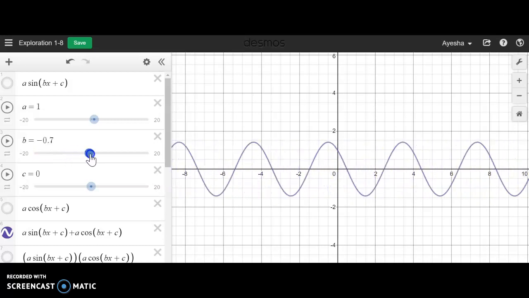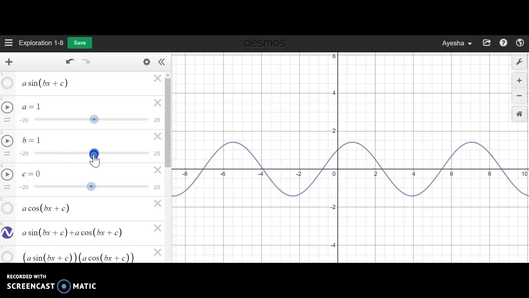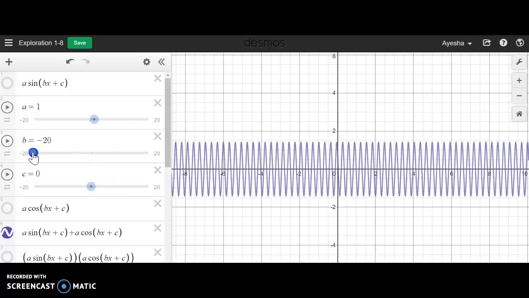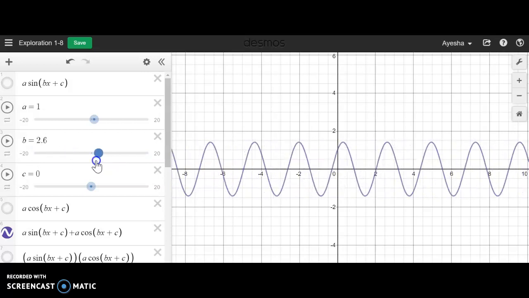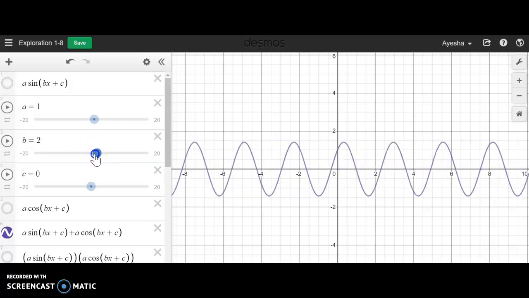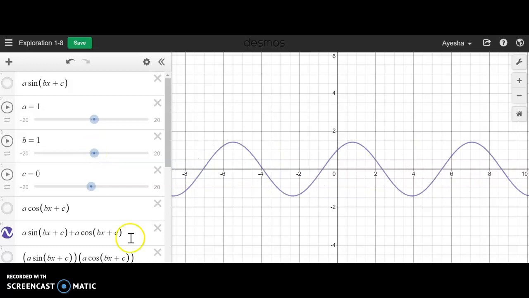We knew that b in the original graphs of cosine and sine x dictates what the period of the graph is. So this isn't necessarily a surprise, but it's interesting that it's the absolute value of b that matters, and not whether b is negative or positive. As long as the absolute value of the number is high, the periods are getting smaller.